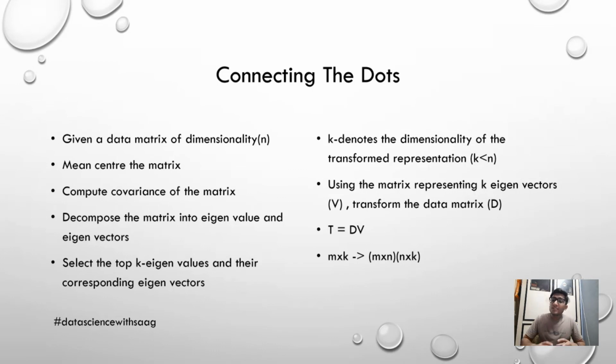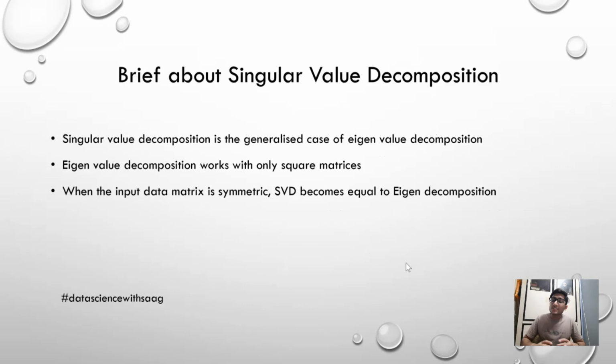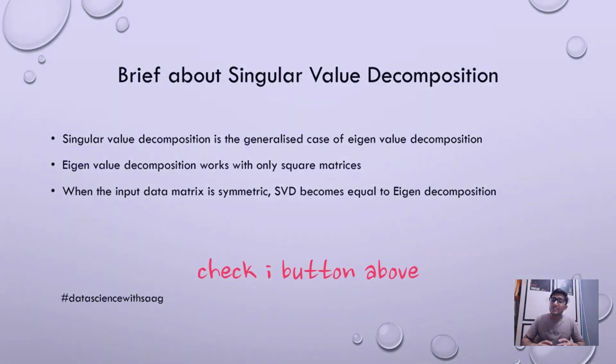Hope you understand PCA in detail and have a great understanding of what PCA is, how it works, and the mathematical intuition behind PCA. Next, we talk about singular value decomposition. In our last lecture about topic modeling, we already discussed singular value decomposition in brief.